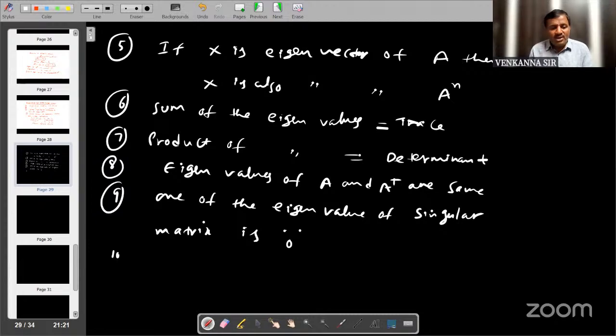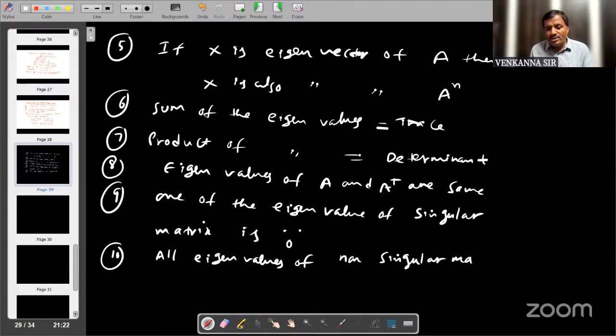10th property: all eigenvalues of a non-singular matrix are non-zeros. What is a non-singular matrix?